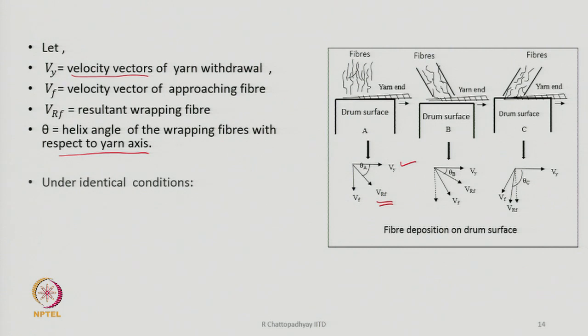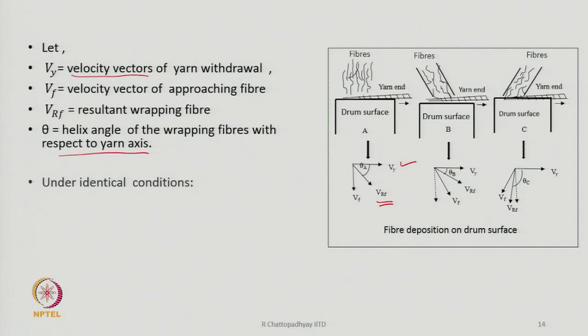Now, when it is trying to get wrapped, because ultimately fibers after landing on the drum surface are immediately receiving a torque, because the two drum surfaces are acting on it and all fibers which are coming are getting some kind of torque from these two friction drums, and as a result they are trying to get wrapped around the already existing tail of yarn which is already there.